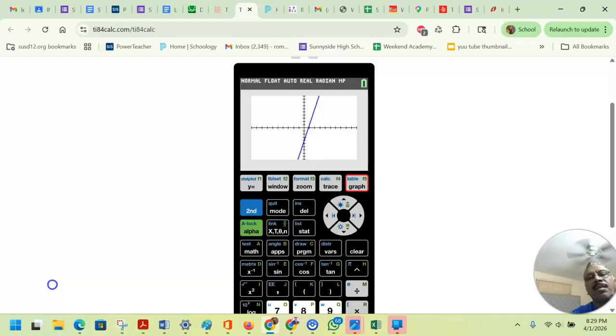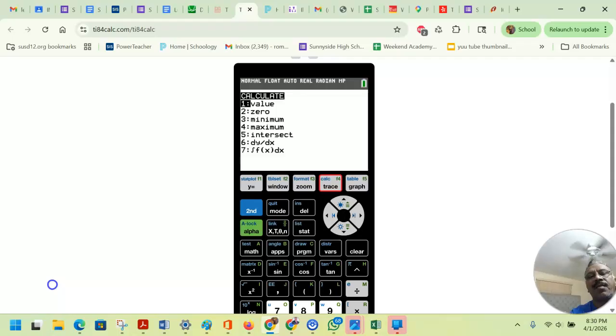Okay, so simple. So few things to be noted is also there's a trace here. Look at this trace. And if you right click, it gives you how when x increases, the y also increases. See, you can see that cursor. It goes up, up, up. That's the understanding. And the y-intercept, of course, I showed you. You can do second calc, and you can find the value.